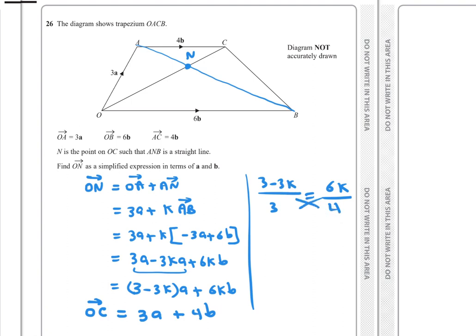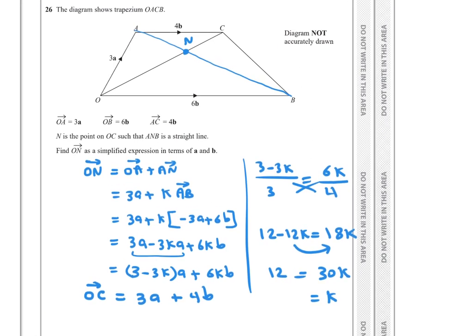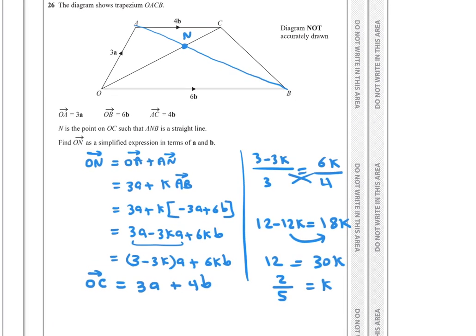4 times (3 minus 3k) equals 12 minus 12k equals 3 times 6k equals 18k. Now negative 12k goes to the other side, so 30k equals 12, divided by 30, so k equals 12 over 30 or 2 over 5. Now k equals 2 over 5.